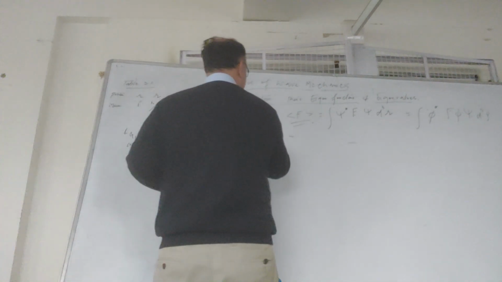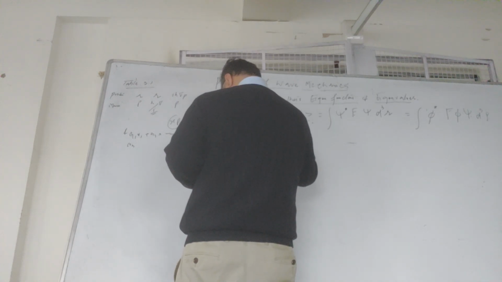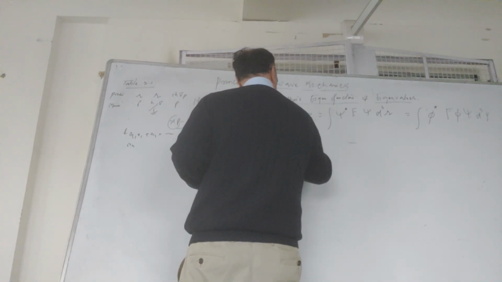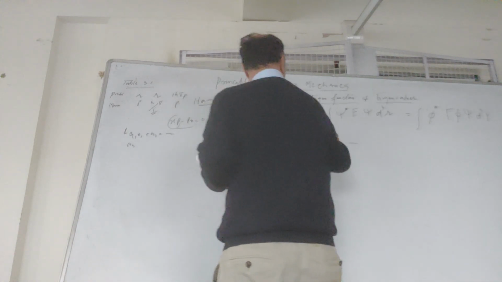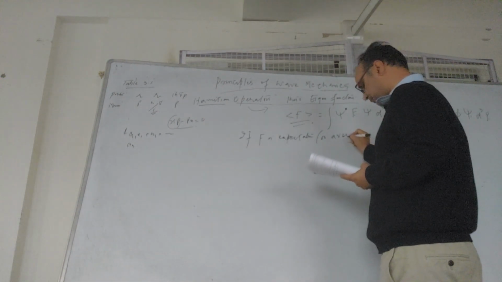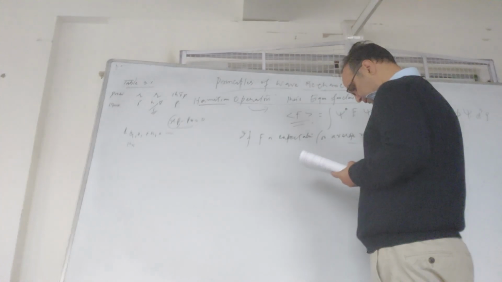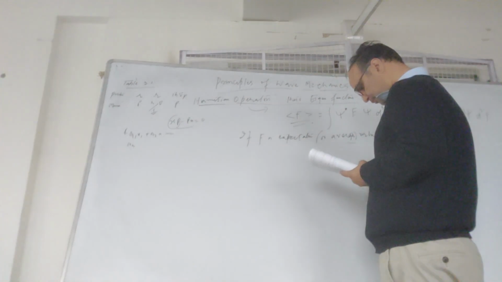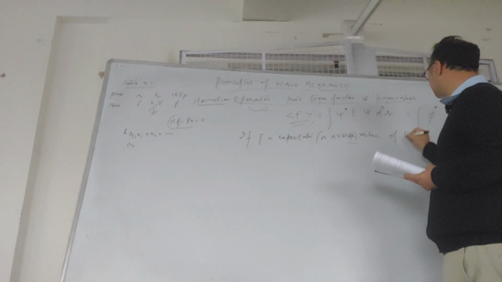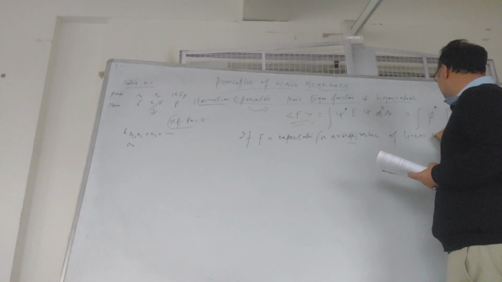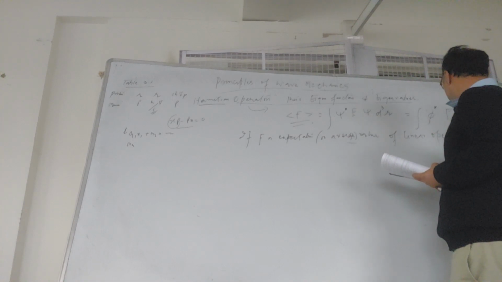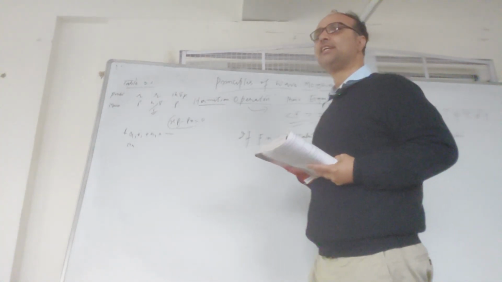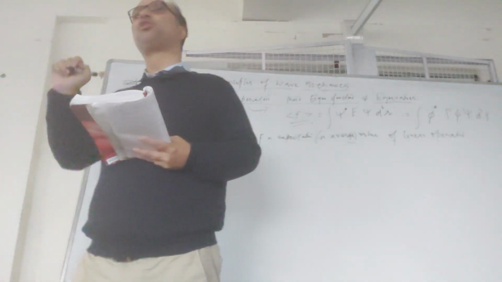So if f is an expectation or average value of a linear operator. So previously also, maybe some of you might not have come. So we have defined operators. एक property होती है linearity property.